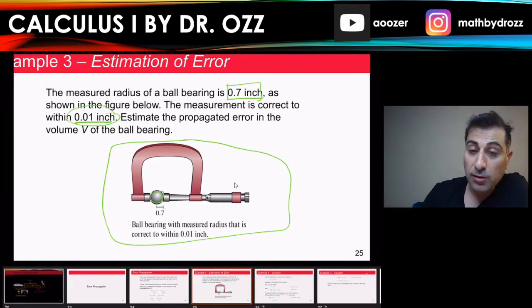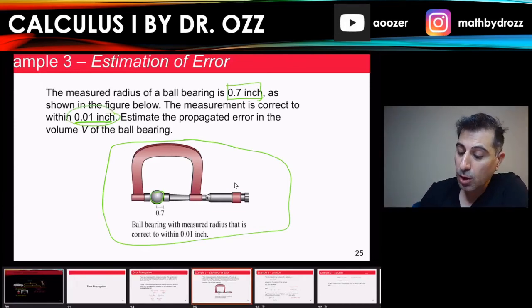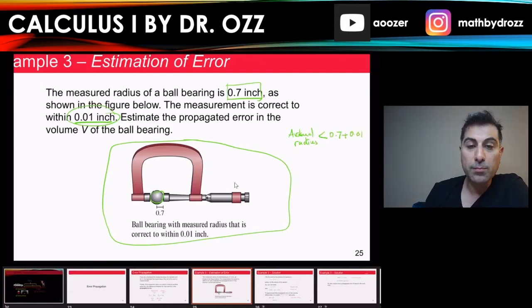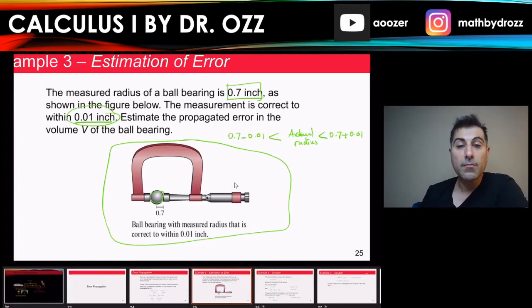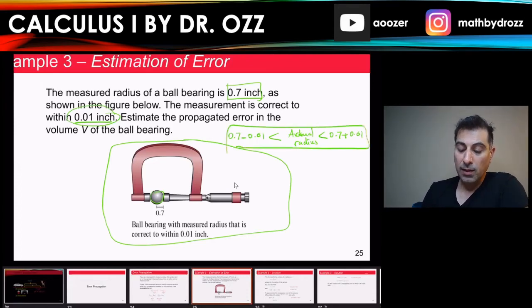So the actual radius should be less than 0.7 plus 0.01, but also greater than 0.7 minus 0.01. You don't know exactly what the actual radius is, because this device is apparently not the best for making a good measurement, but whatever you read is correct up to 0.01 inch.